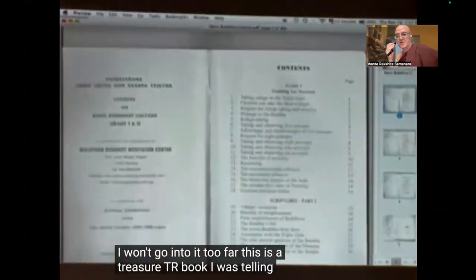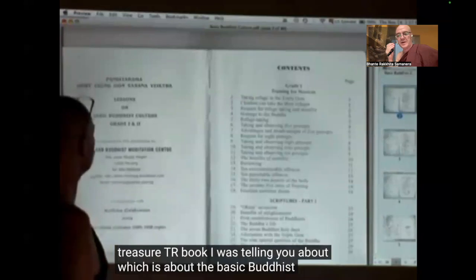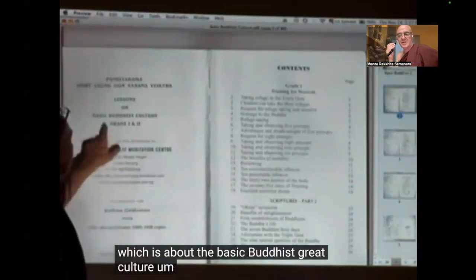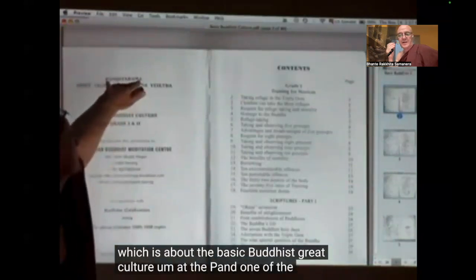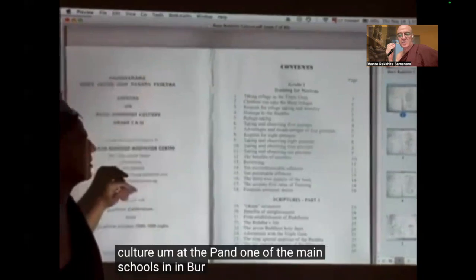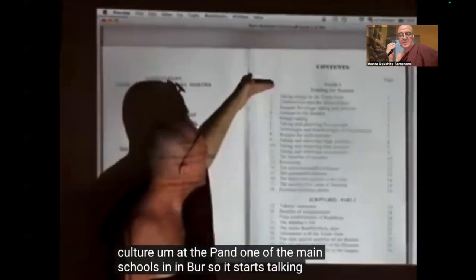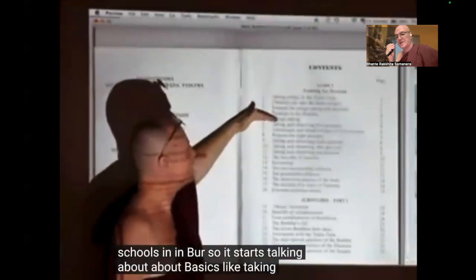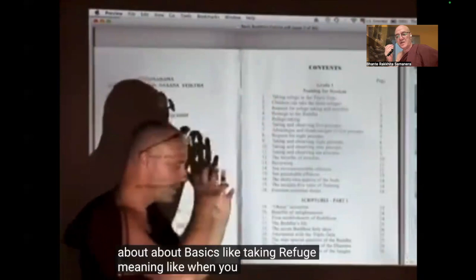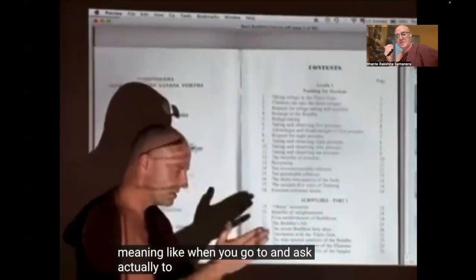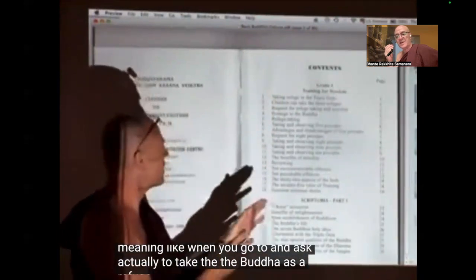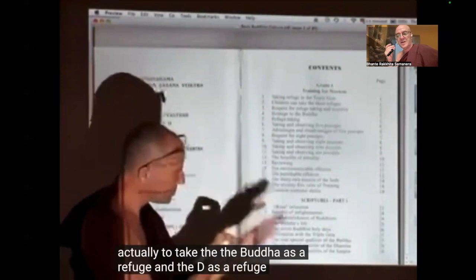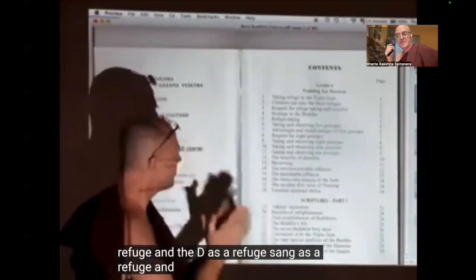This is a treasure trove book I was telling you about, which is about the basic Buddhist culture at the Panditarama and the main schools in Burma. So it starts talking about basics like taking refuge, meaning when you go to take the Buddha as a refuge, the Dhamma as a refuge, the Sangha as a refuge.